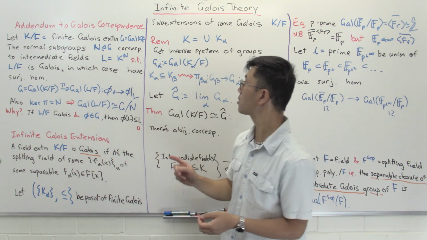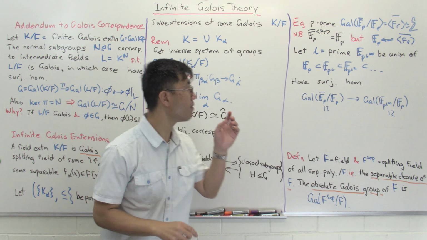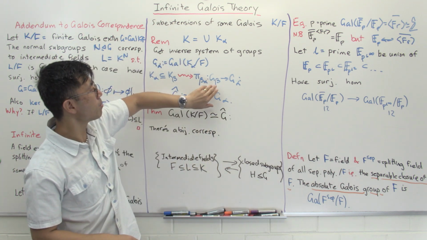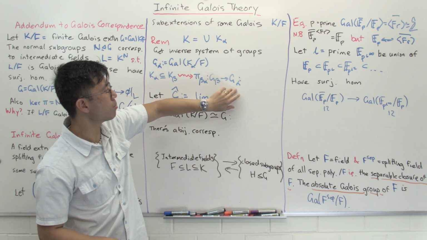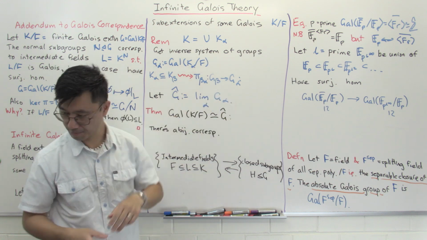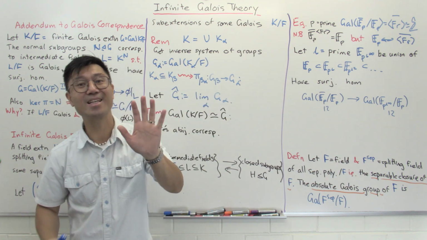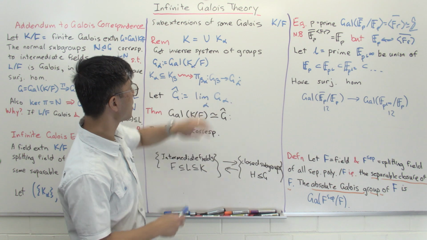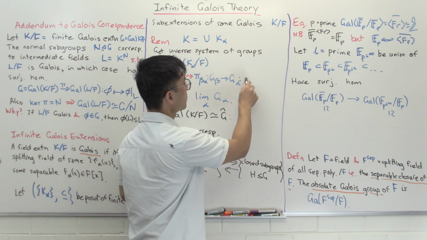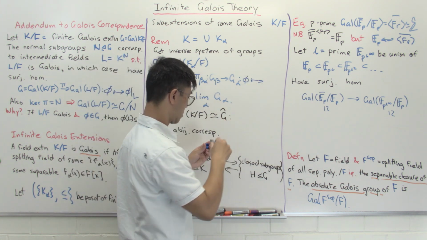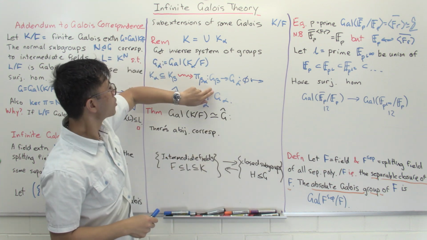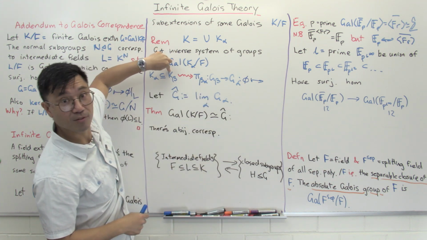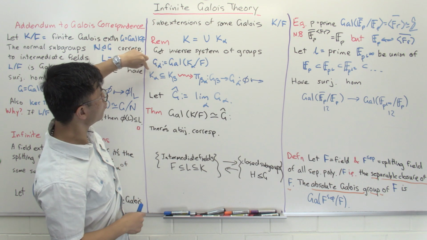So when that happens, we want to have a map from the Galois group G beta to the Galois group G alpha. And what's that going to be? It's quite easy to define. Suppose we have some element phi of G beta. That's some automorphism of K beta fixing F, and we just restrict it to K alpha.